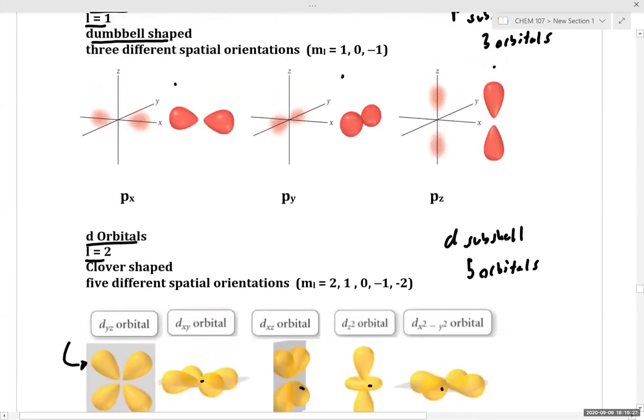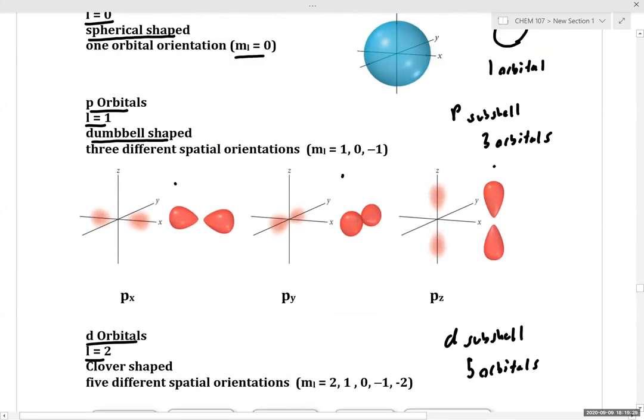For example, for the p orbitals, we have a total of 1, 2, 3 unique orbital arrangements. So we have 3 orbitals in our subshell. Does that make sense? Did that clarify your question?